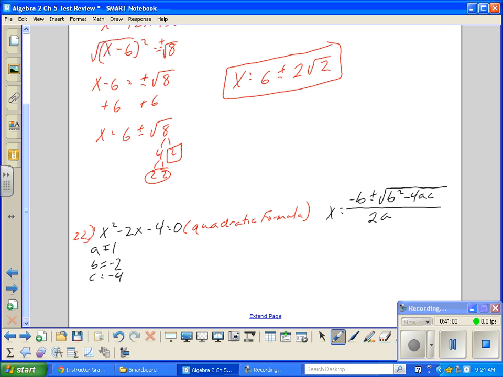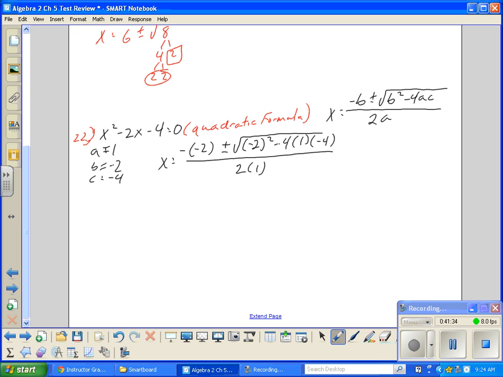From there, plug those into the quadratic formula. x equals negative b, so that's negative 2, plus or minus the square root of b squared, so negative 2 squared, minus 4 times the a, which is 1, times c, which is negative 4, all over 2 times the a term, so 2 times 1.